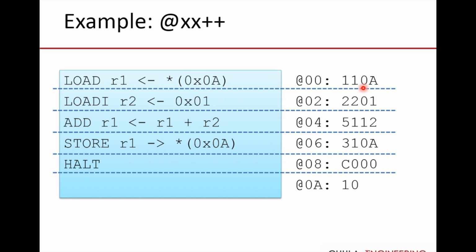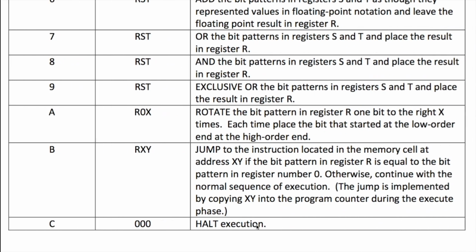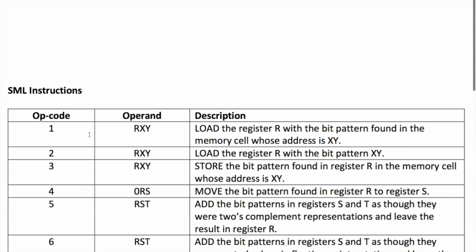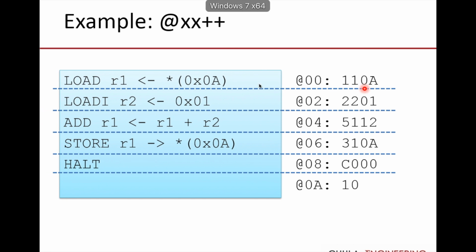Let's take a look at each instruction. The first instruction at memory address 00 is 110A. If we take a look at this table, you see that this is opcode 1 with operand 10A. Once it has been fetched, it will be decoded. So you see the instruction type is opcode 1 with operand 10A.